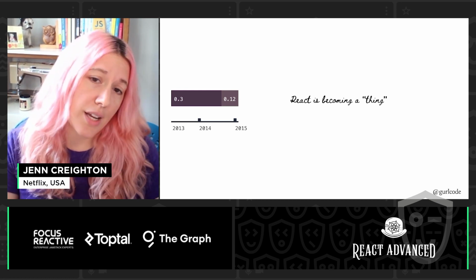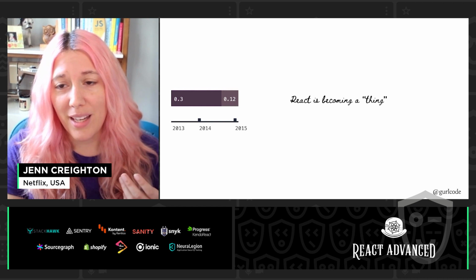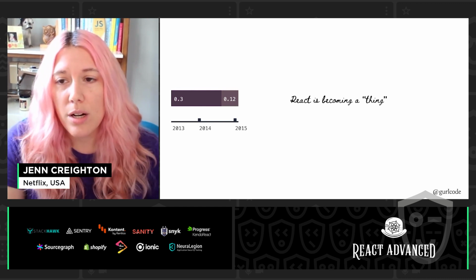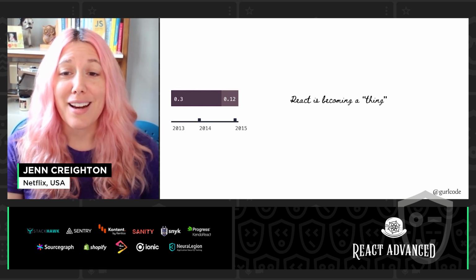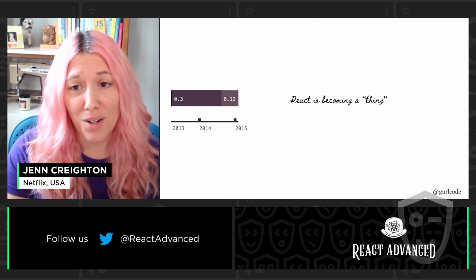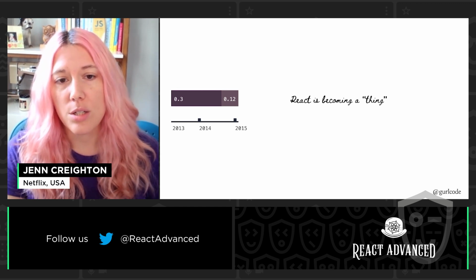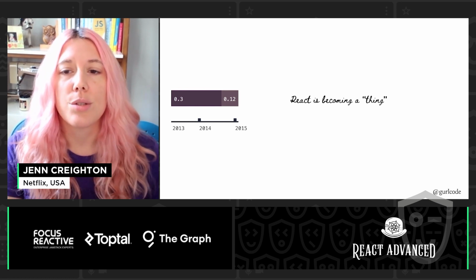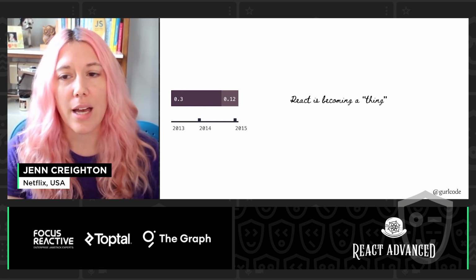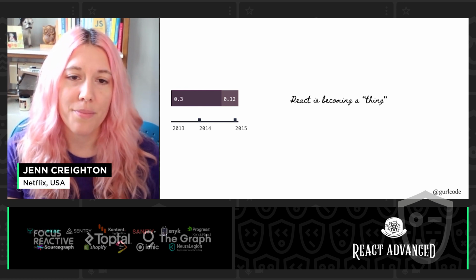Again, this is when I started learning React, and that's because React was actually becoming a thing. So it was starting to gain traction in the JavaScript community. React was the buzzword. Also, there aren't significant changes to React components between .3 and .12. So this period of time is our baseline for how components were structured and behaved.